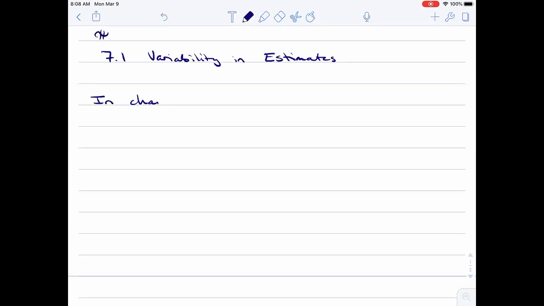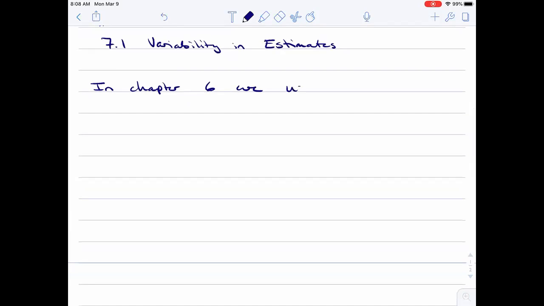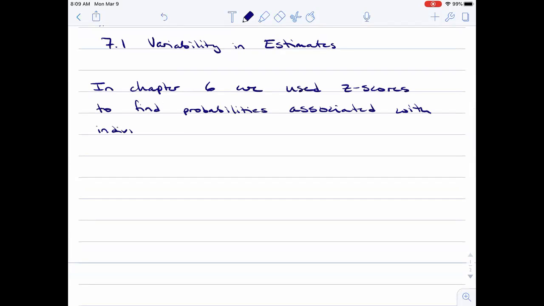So in chapter 6, we use Z-scores to find probabilities associated with individual outcomes, or I'll say observations.